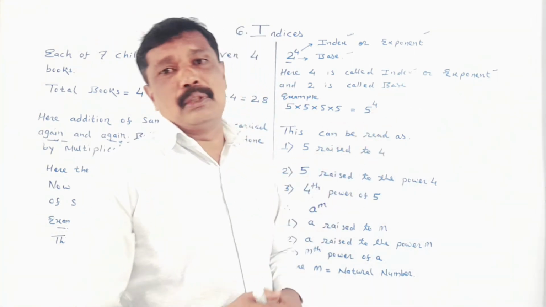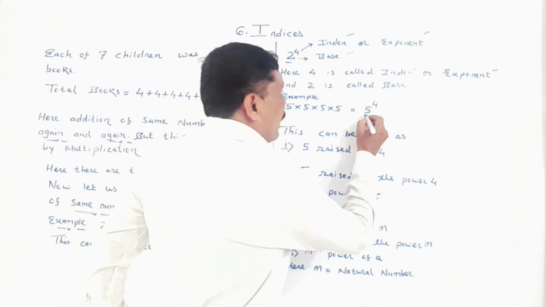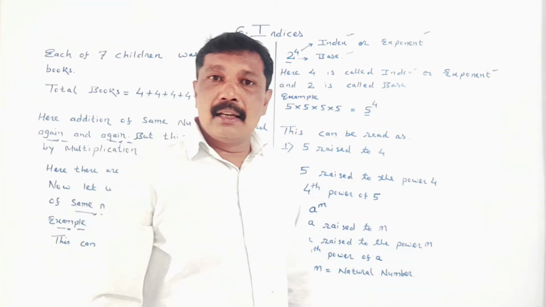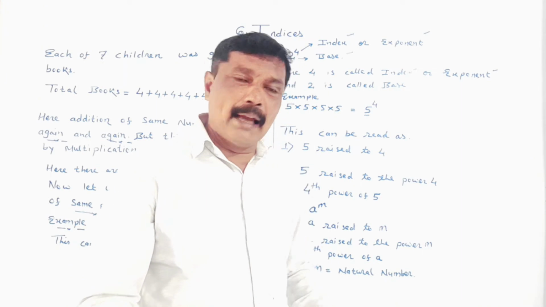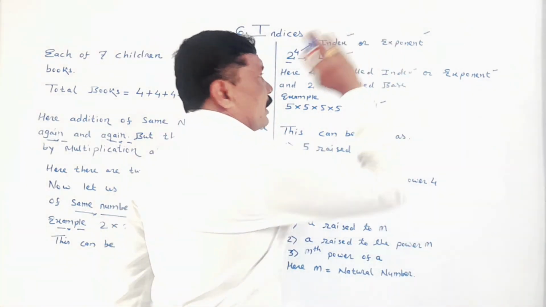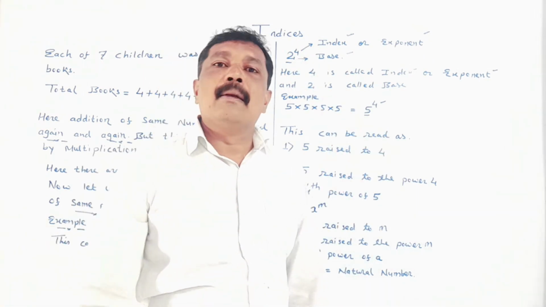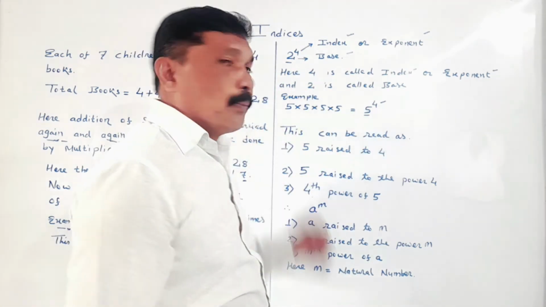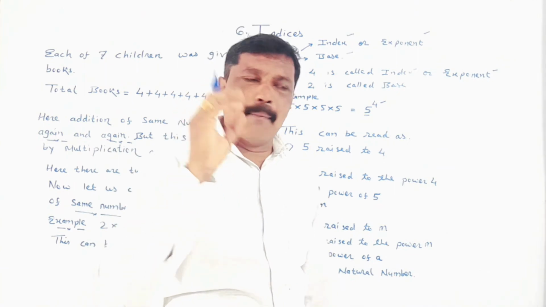So my dear student, in this example 5 will be the base, and how many times it is multiplied will be what? Index or exponent. My dear student, there is a proper way to read this number.